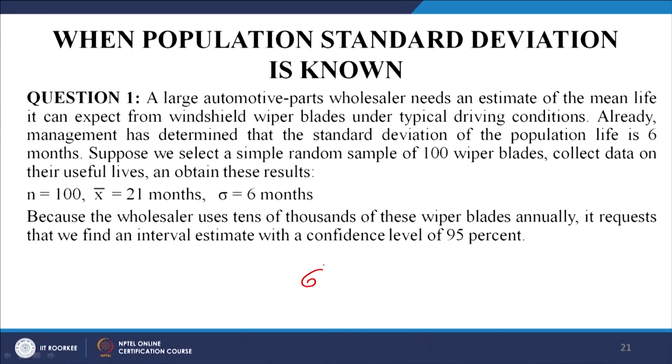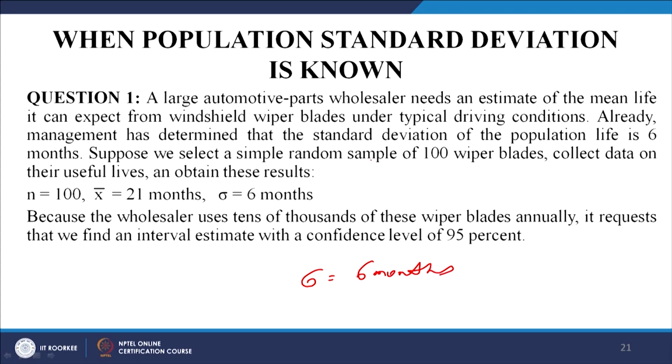So go to the first question. A large automotive parts wholesaler needs an estimate of the mean life it can expect from windshield wiper blades under typical driving conditions. The management has determined that the standard deviation of the population life is 6 months.